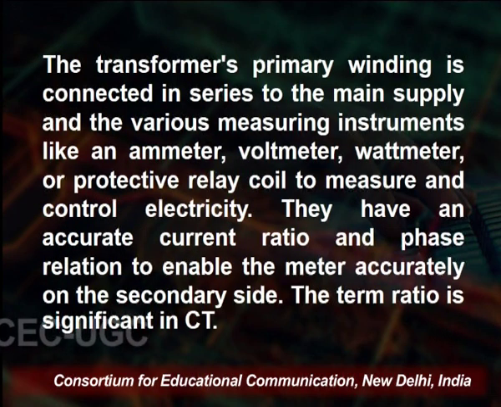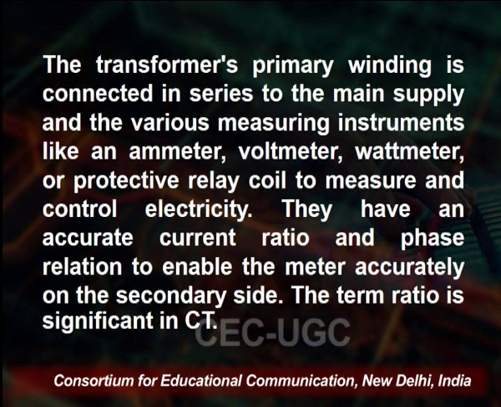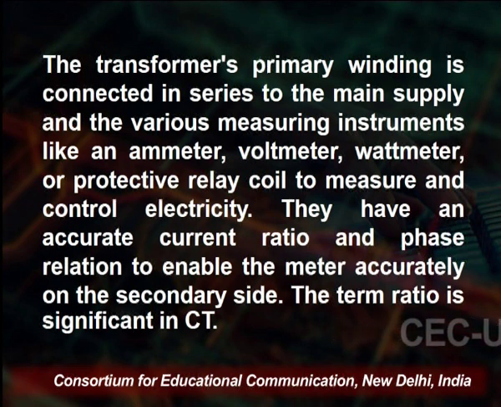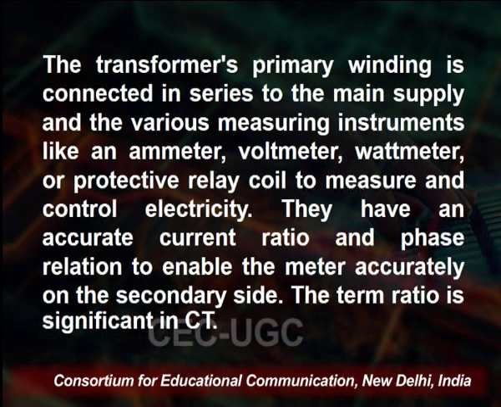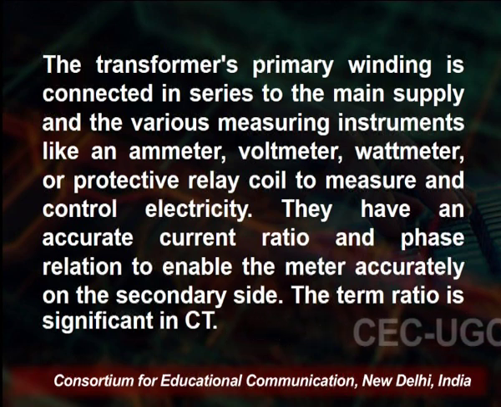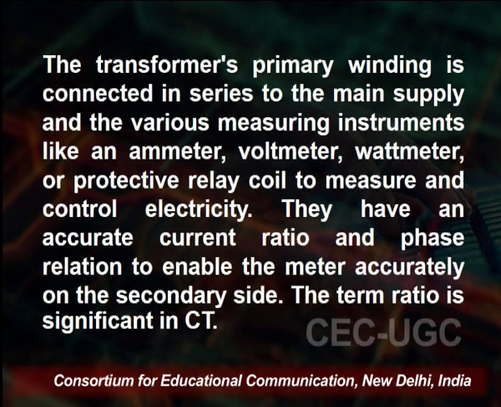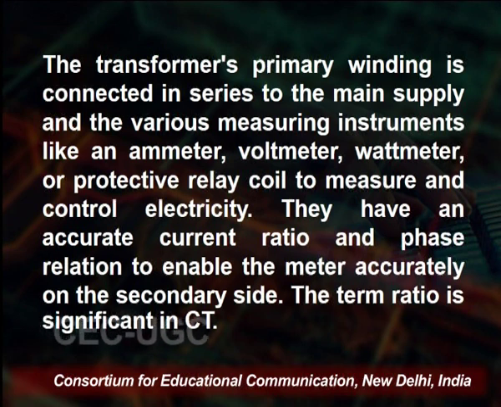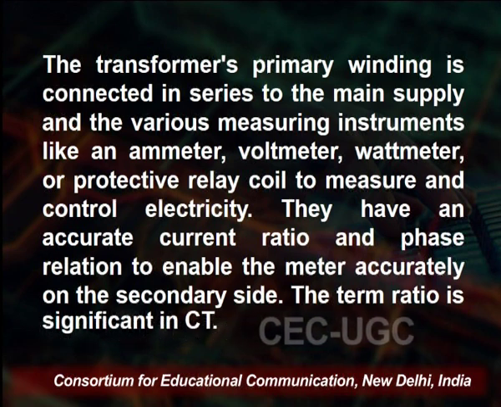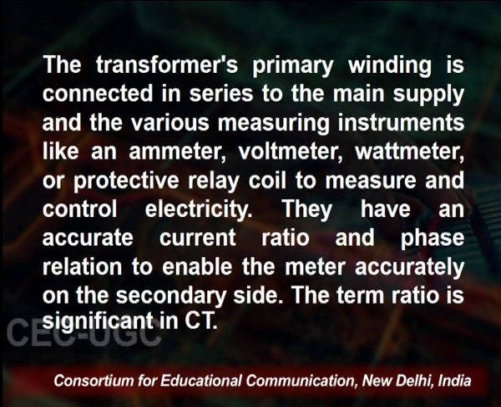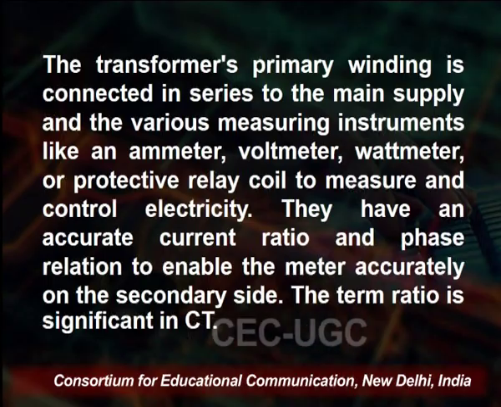The transformer primary winding is connected in series with the main supply circuit. To it we can attach various measuring instruments, such as an ammeter, voltmeter, wattmeter, or protective relay coil, to measure and control the electricity. They have an accurate current ratio and phase relation to ensure the meter reads accurately on the secondary side. The term ratio is significant in the CT.